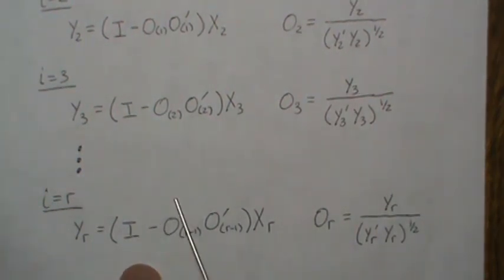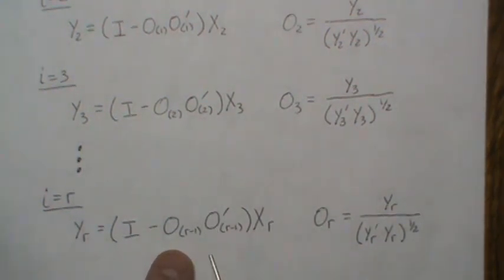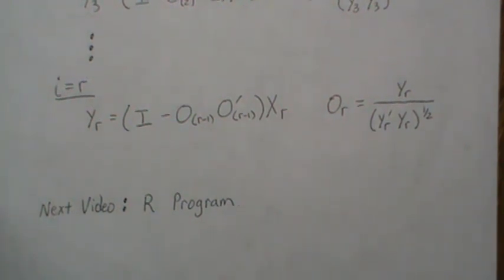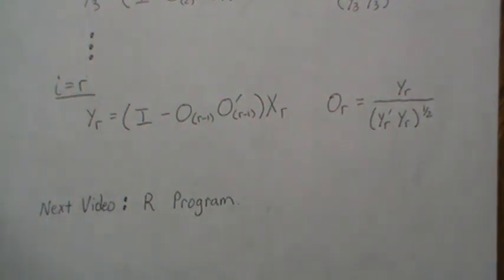We take it times this perpendicular projection matrix, so this is orthogonal to the first r minus 1 columns of X. And then we get yr, and then we normalize it, and we're done. Okay. So the next video will be an R program implementing this algorithm. And also there's 2 algorithms that I noticed on Wikipedia that are worth going over too in this R program.